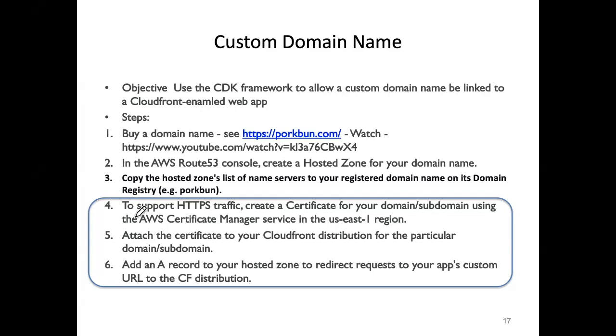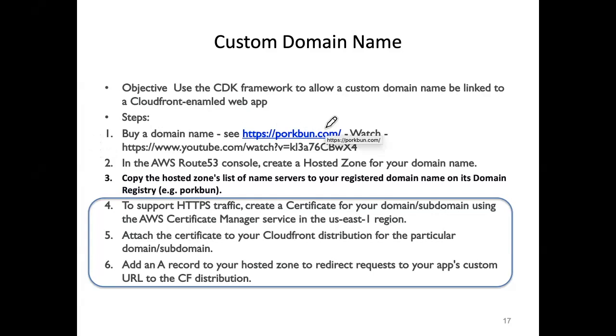Sorry for going back over last week's stuff, but number one, you've got to go in and buy a domain name for yourself. That's if you want to include this in your assignment 2 submission, really. I suggested this oddly named porkbun.com as being the cheapest place to buy a domain name.